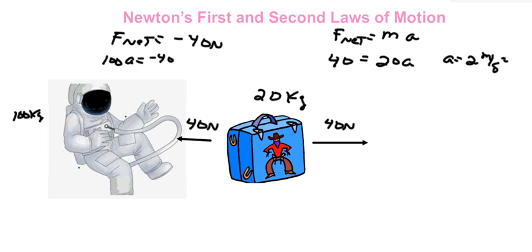And the acceleration of the astronaut is going to be less, at negative 0.4 meters per second squared. That's a negative symbol there. So we see that Newton's third law does apply very easily, and how all three of these laws relate to each other all the time. And that's really what this chapter is all about.